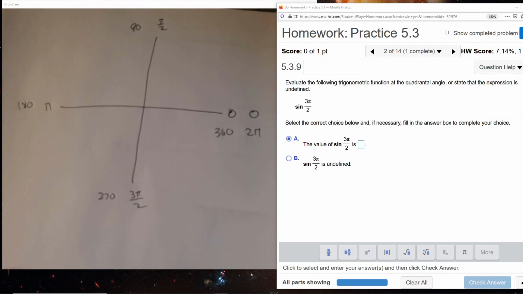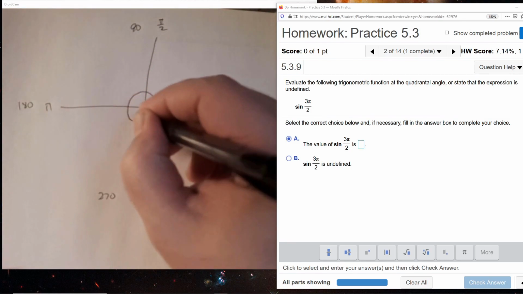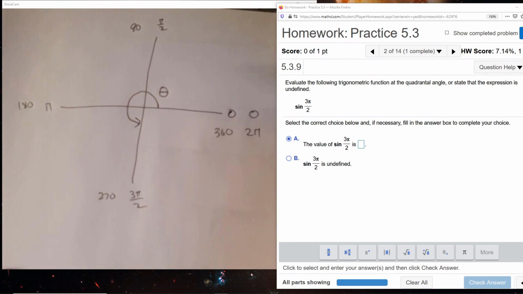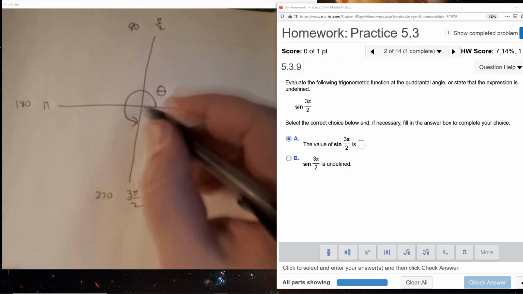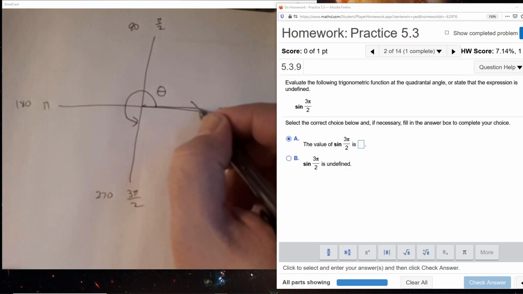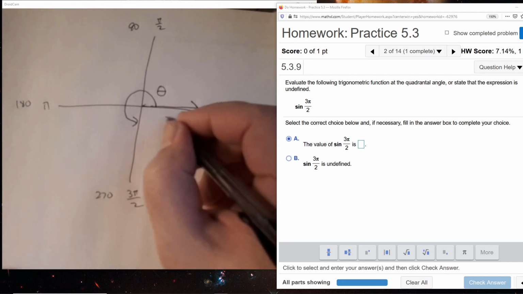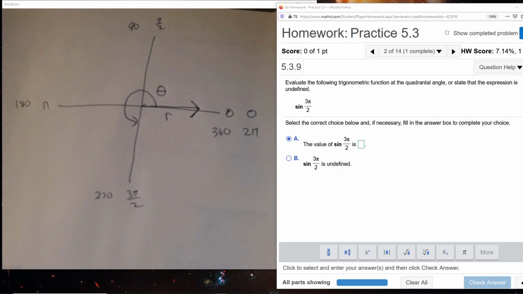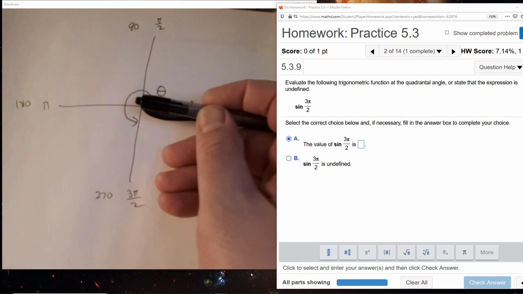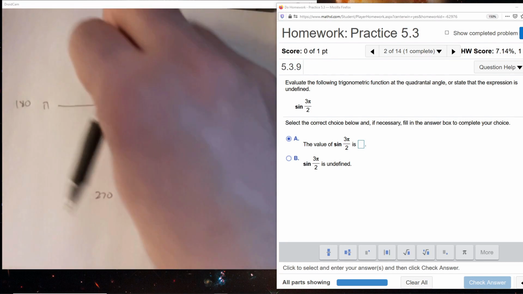So sine of 3 pi over 2 is this standard angle. And remember, we can think of it this way, we have some arrow, and we're saying this arrow has length r. And this arrow, we rotate through our angle. Now, the length of the arrow doesn't change.